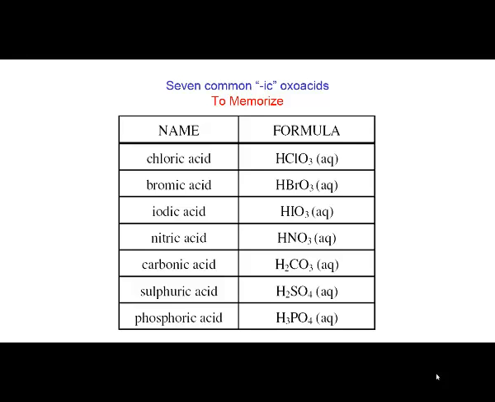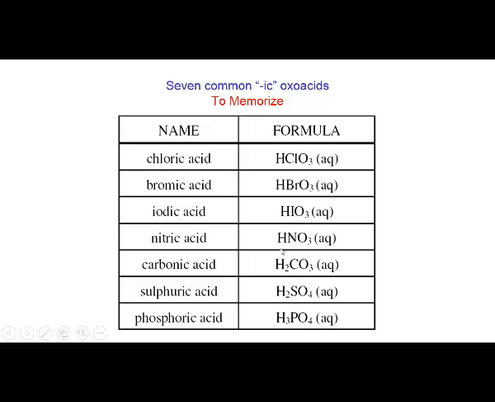Okay, they all have a formula with the number of hydrogens equivalent to the charge on the oxo anion they originated from, right? Because chlorate had a -1 charge, so there's only 1 hydrogen in the acid formula. Bromate had a -1 charge, so there's only 1 hydrogen in the acid form of the ion. Iodate had a -1 charge, so there's only 1 hydrogen.